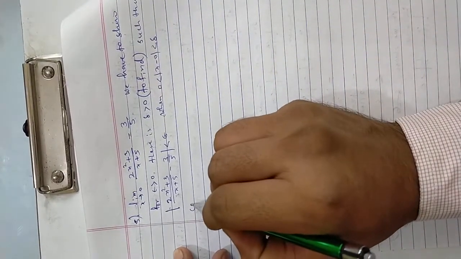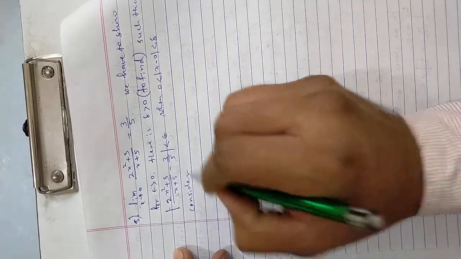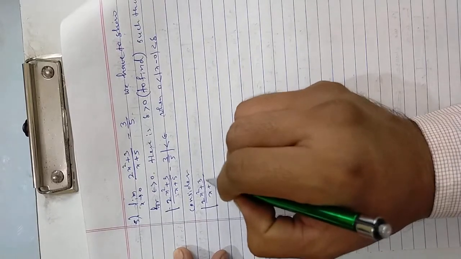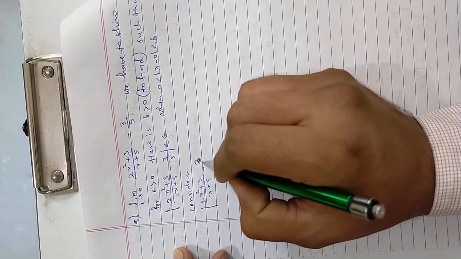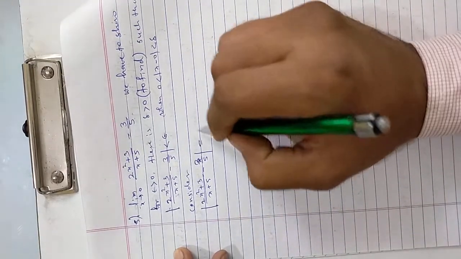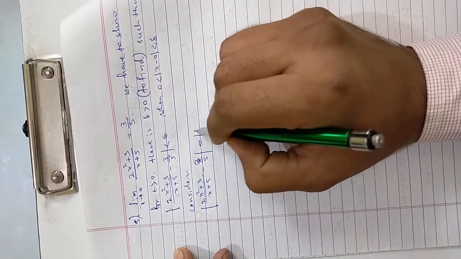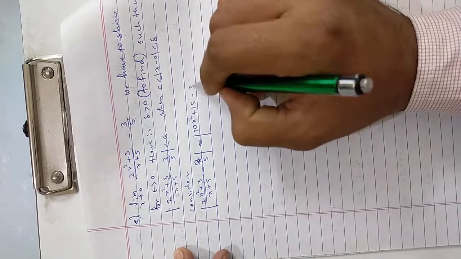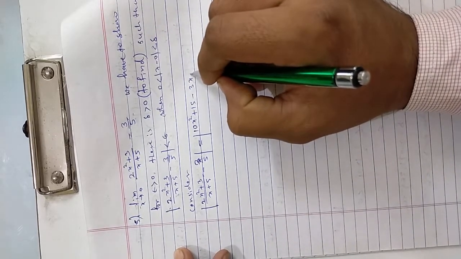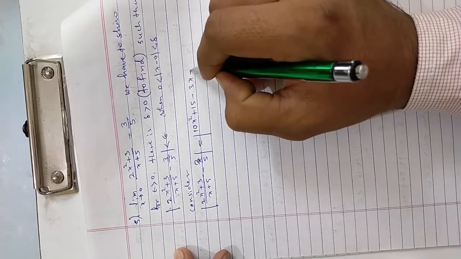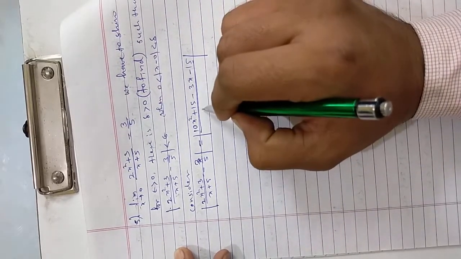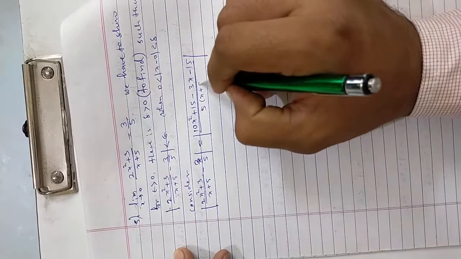So we consider this difference, (2x² + 3)/(x + 5) minus 3/5. By cross multiplication, simplify this: 10x² + 15 − 3x − 15, over 5 times (x + 5).